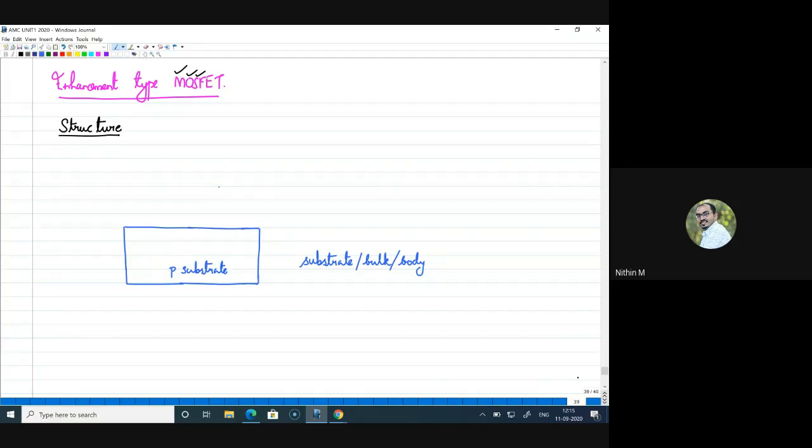So as we have seen the other two layers, there is a metal layer and there is an oxide layer. Even before that, I want to define two more layers within this substrate. But before defining that, let me mark the oxide layer.